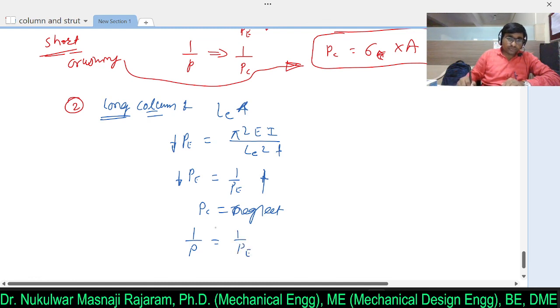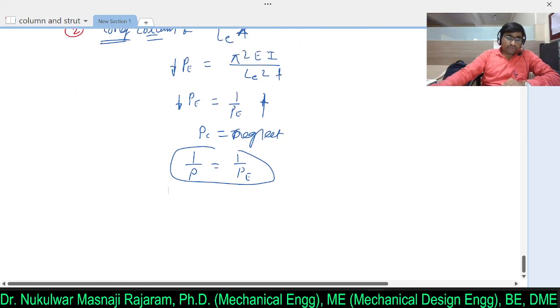Simple. So hence the Rankine formula gives a better result for short columns as well as long columns. That's why we use the Rankine formula for both cases, for short columns as well as for long columns. Simple. So I will rewrite this formula: 1 upon P equal to 1 upon Pc plus 1 upon Pe.